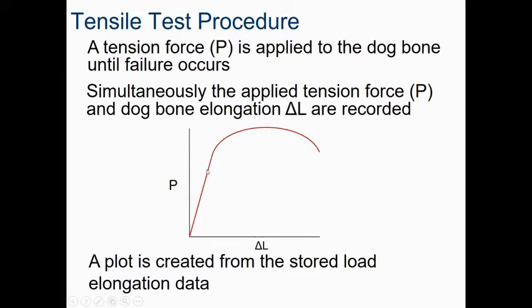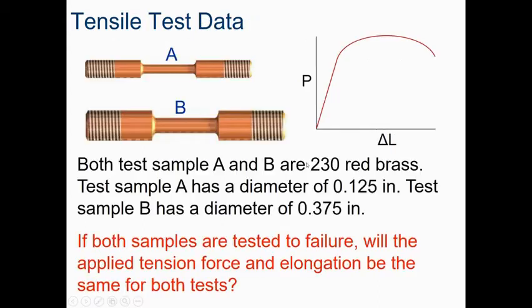As I keep applying load, I'm going to get to a point where, once I apply a load past it, the sample is not going to return to its original size. This point right here is that point in the video where the test sample actually broke in two. This is what's called a load versus displacement curve for a test sample.